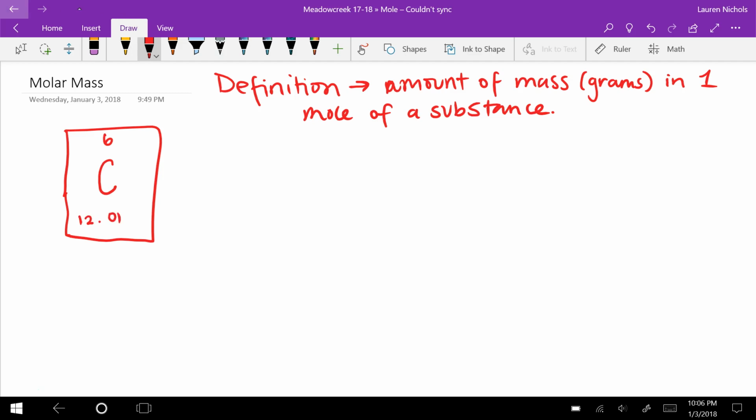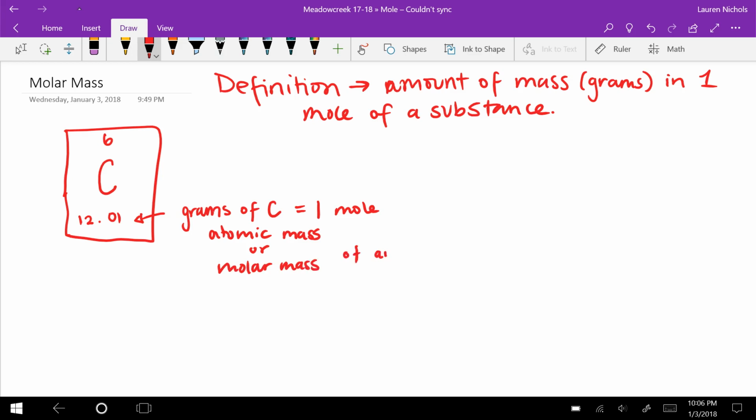Okay, so that amount is the grams of carbon that is equal to 1 mole.